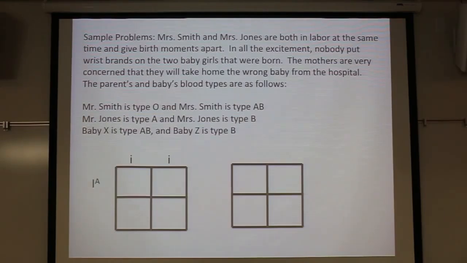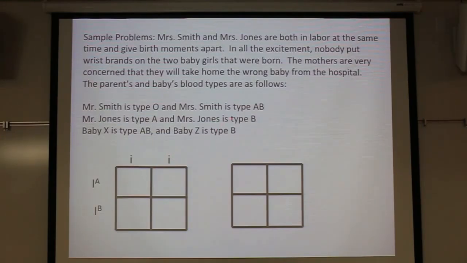If it's dominant, we'll use an uppercase I and a superscript A or B. So Mr. Smith is blood type O, homozygous recessive, he looks like that.